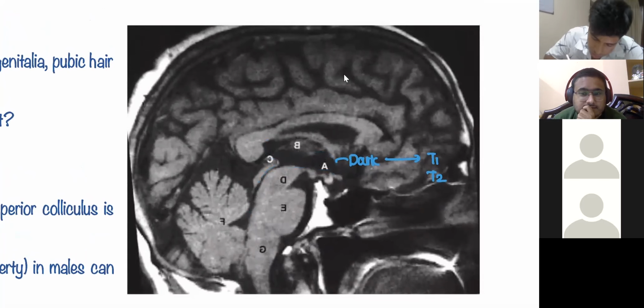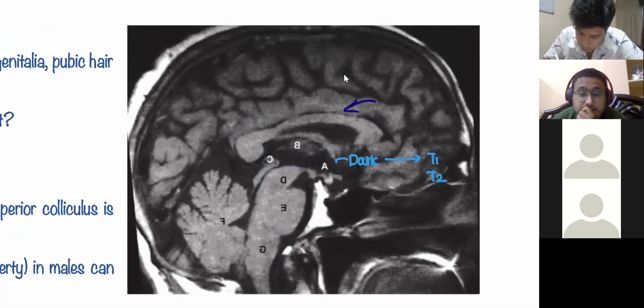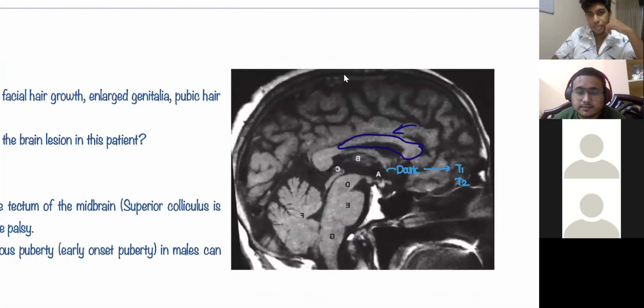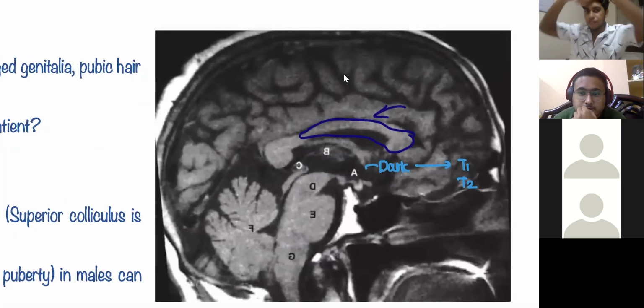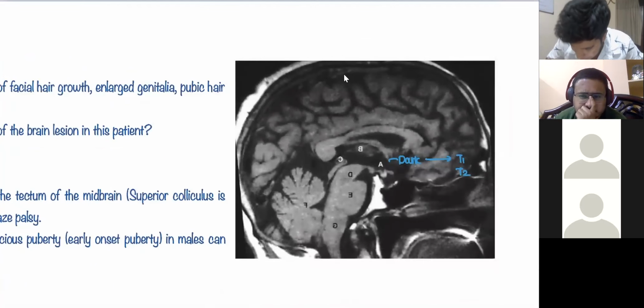Can someone tell me what this structure is? Okay, let me make it easier. No, it's a sheet of white matter which goes to either side. Corpus callosum. Yes, it's the corpus callosum. Okay, I'm teaching you guys to read MRI and CT scans.